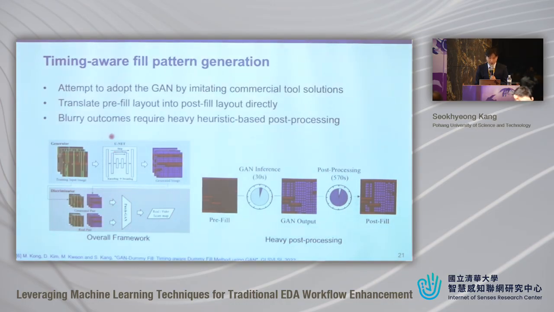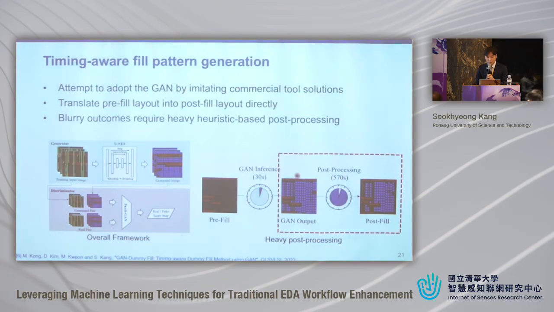This is a GAN structure. But the problem is that using this GAN, we can generate dummy patterns, but the generated one is a kind of image. So there is a blurred image, and this metal pattern should keep the design rule, so we have to add some post-processing. So it takes much time.